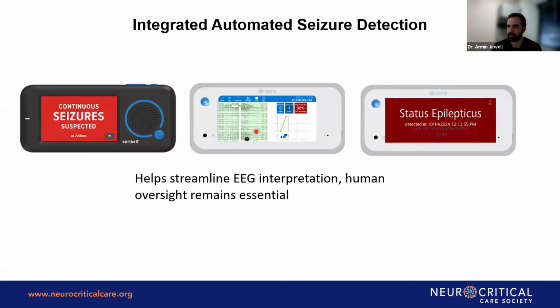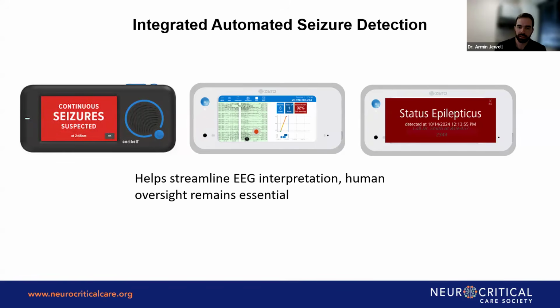Just some comparisons there. These devices all have, at this point, different versions, but they all have an AI seizure detection algorithm. I'll show some examples of those. This is useful because it has something at the bedside. These are different screens for different companies, but they have the screen put on the patient's bedside.